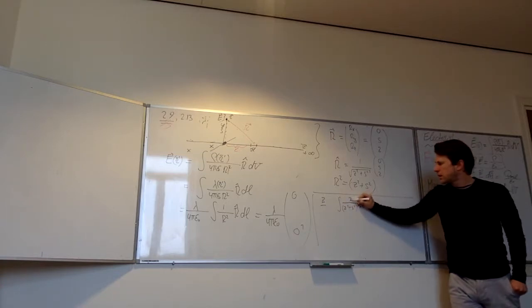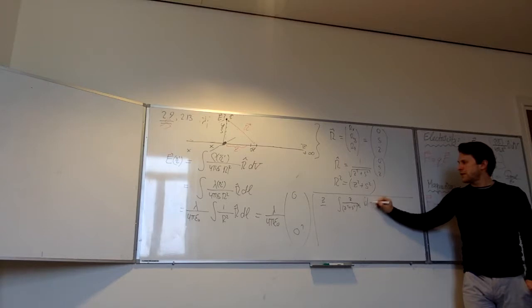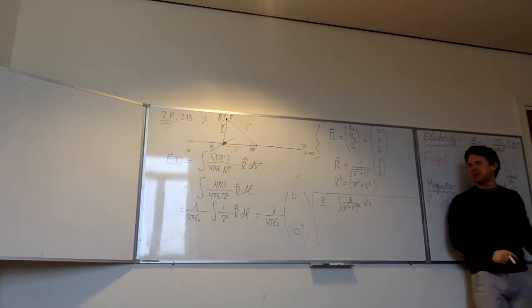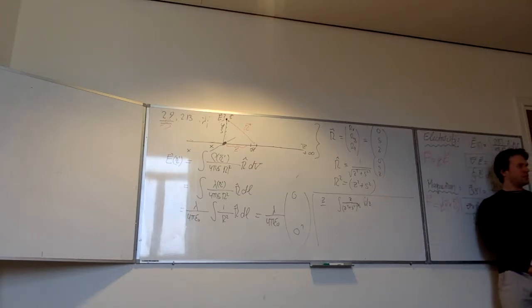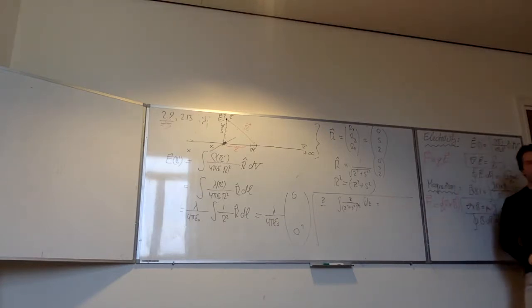We're only looking at the z component of r, which happens to be z itself, and then of course we integrate over the whole wire, so that's a dz. So this is the integration. That's the one we have to do for the z direction. This should give you no difficulty.